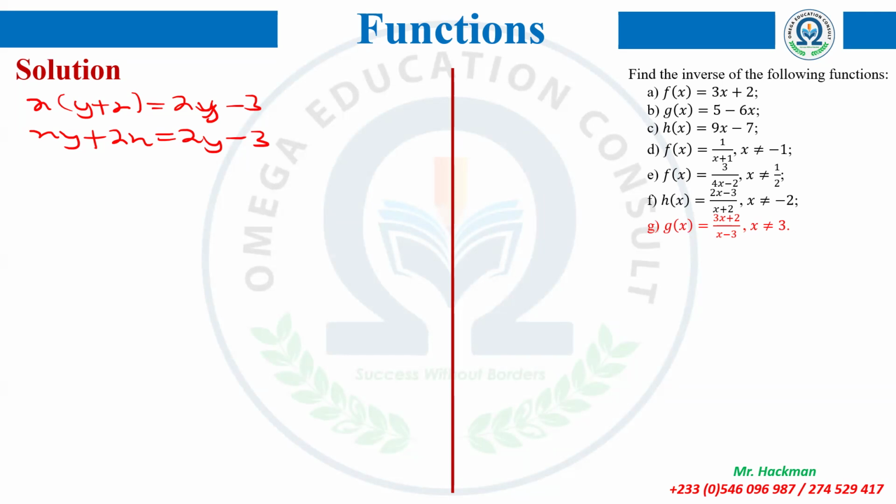Please take note. Anytime you encounter a situation like this, where you have two terms containing the variable that you want to make the subject, one on each side, please take note, this is what you do.